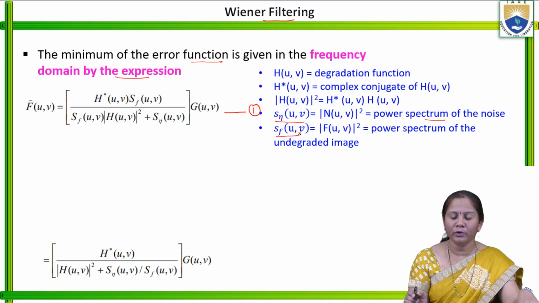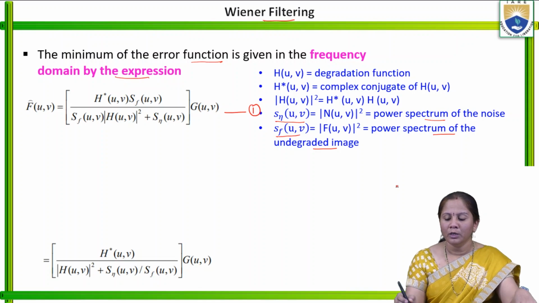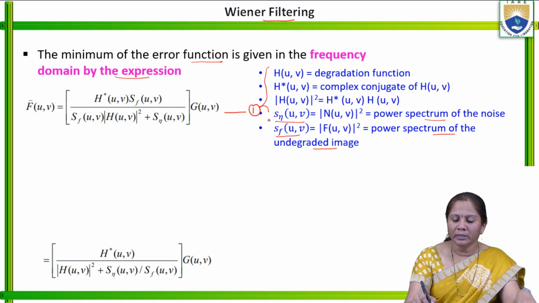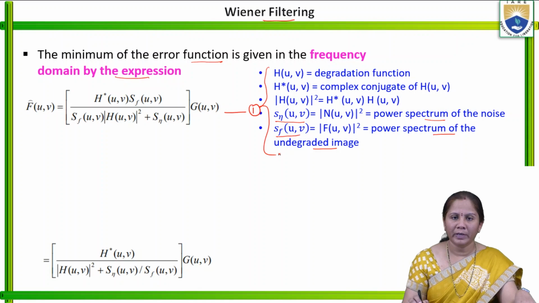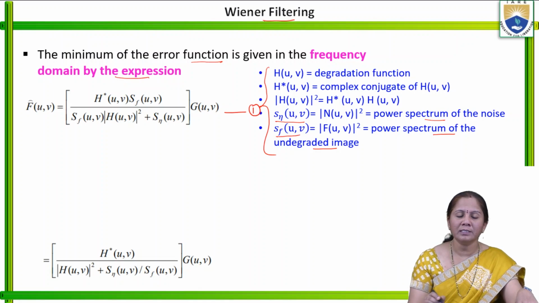Sf of u comma v can also be written as mod F of u comma v whole square, and it is the power spectrum of the undegraded image. These are all the important terms we have to consider in order to perform the mathematical analysis to get the estimated output f cap of u comma v.